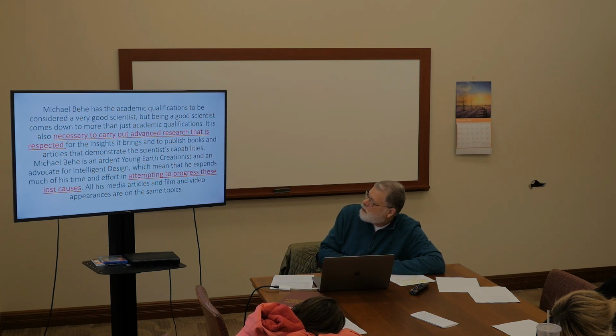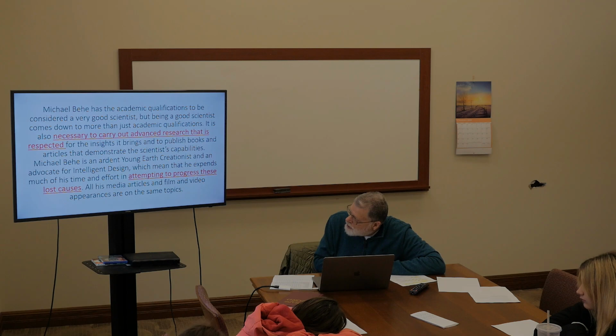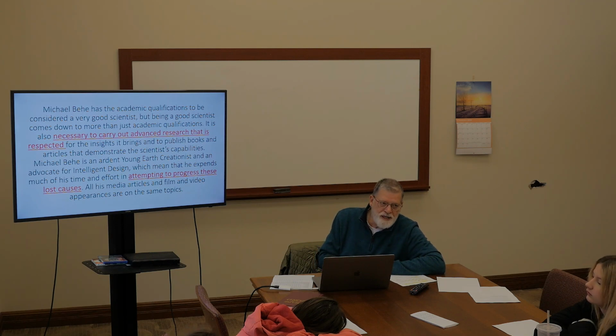Behe has academic qualifications to be considered a very good scientist. In other words, he's got the degrees. But being a good scientist comes down to more than just having degrees, academic qualifications. It is also necessary to carry out advanced research that is respected. What does respected mean?